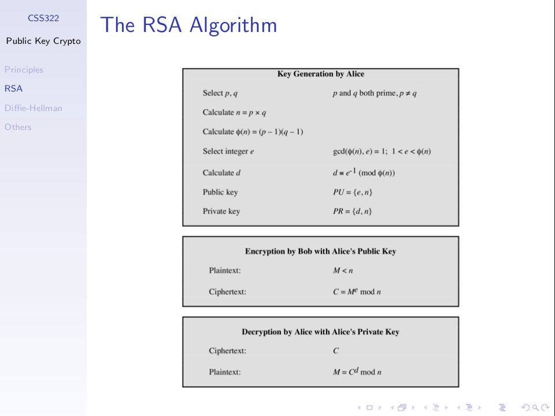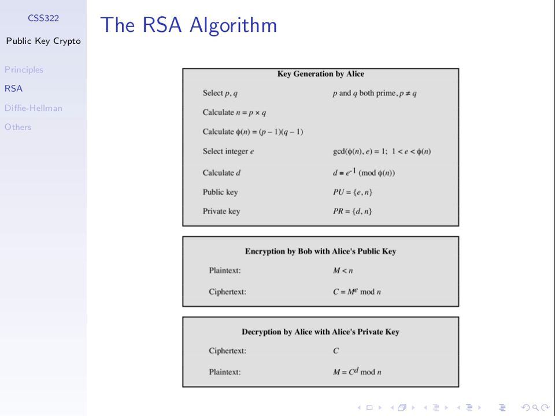Let's look at what we know about E and D and N. We know the relationship between E, D and N is given by this equation: E times D mod the totient of N equals 1.